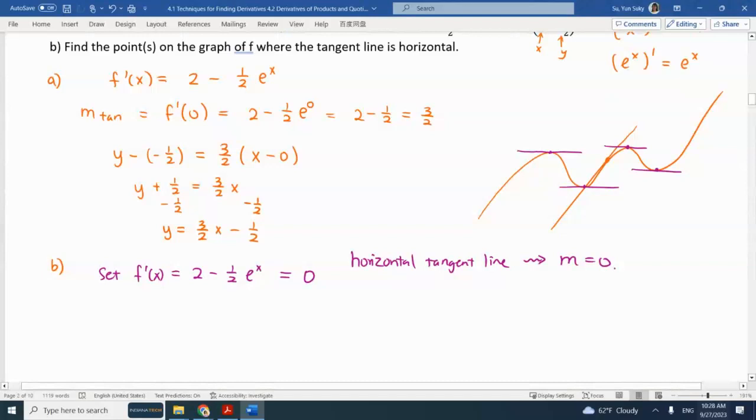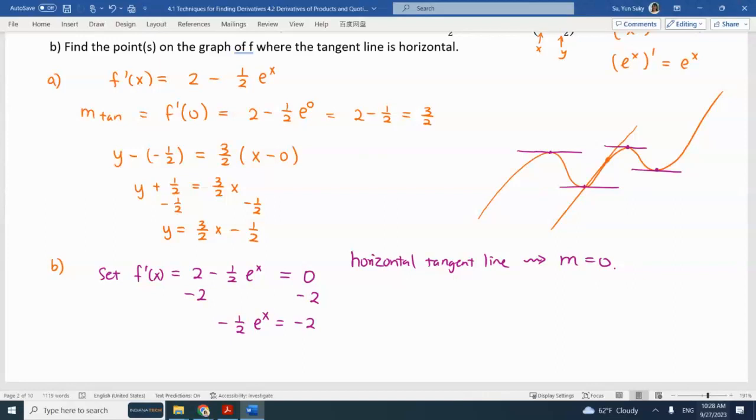Ooh, this is an equation involving an exponential expression, right? We want to isolate the exponential term. So we subtract 2 on both sides. We get minus 1/2 e to the x is -2. How do you get rid of the minus 1/2?